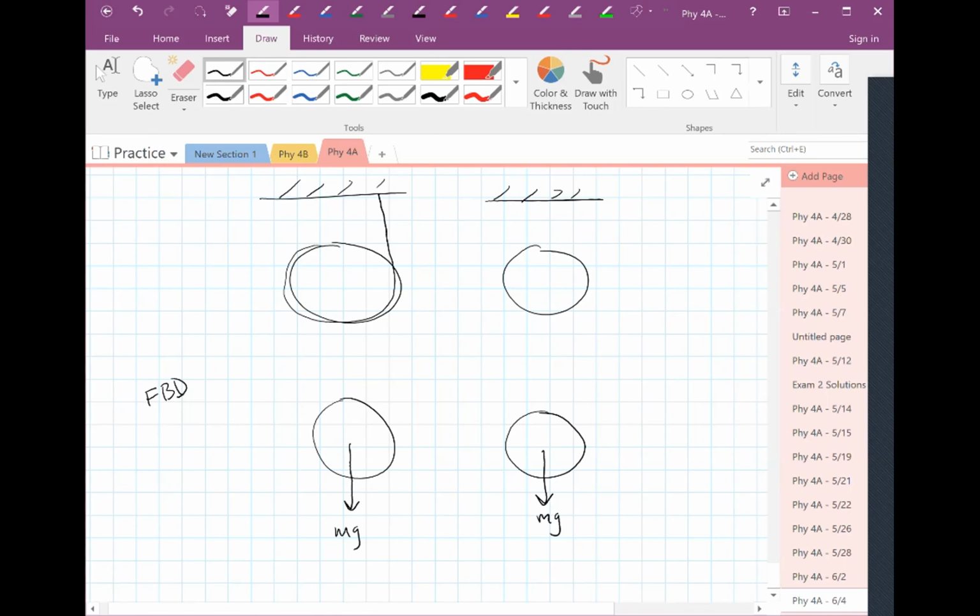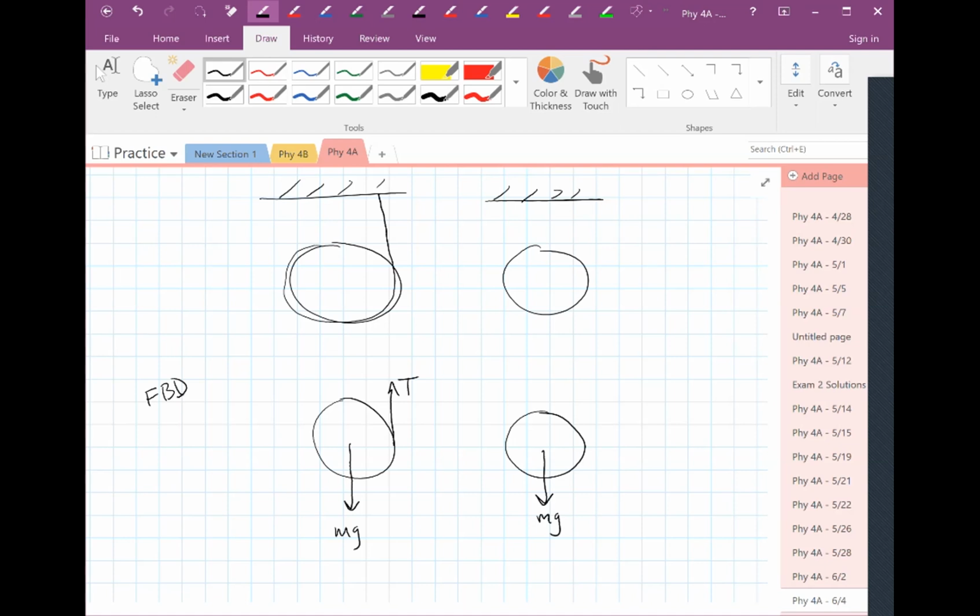What else does it have? Tension up, which is going to create some torque, cause it to rotate. But that's it, right? Am I missing anything? That's it.